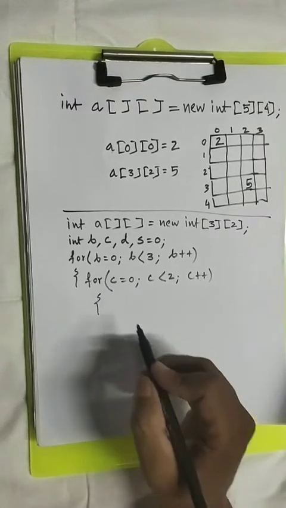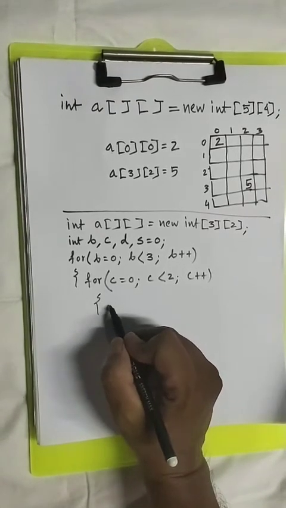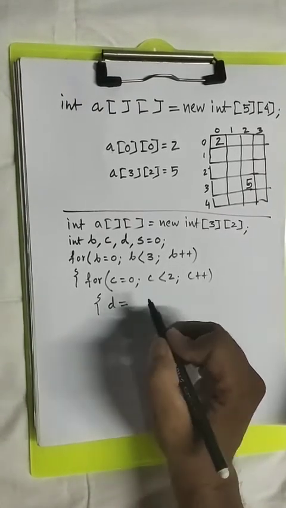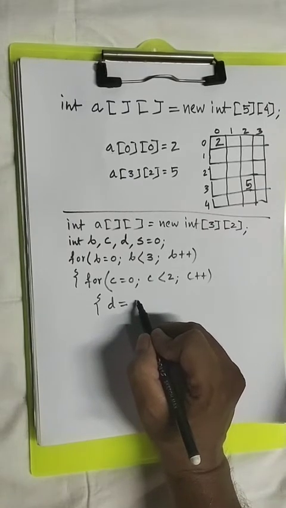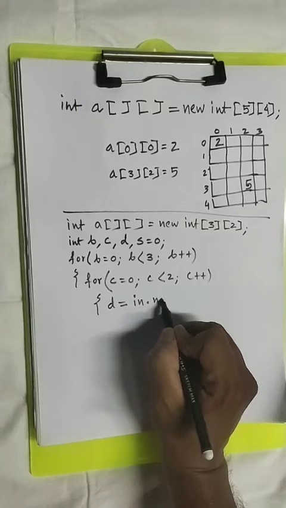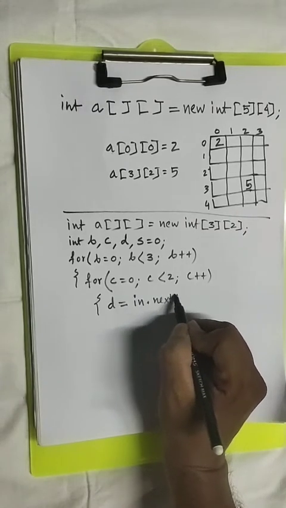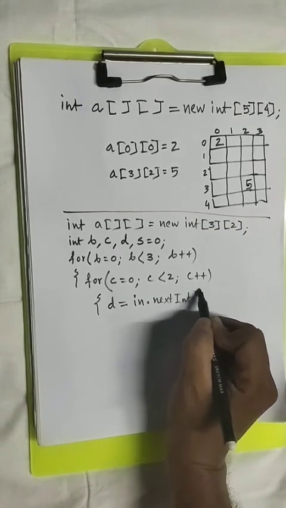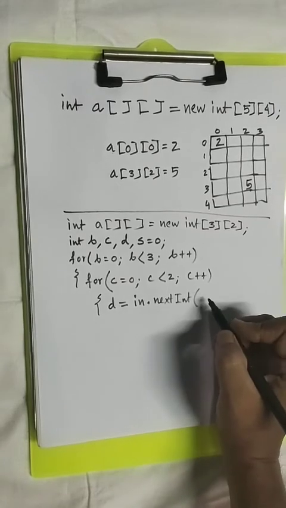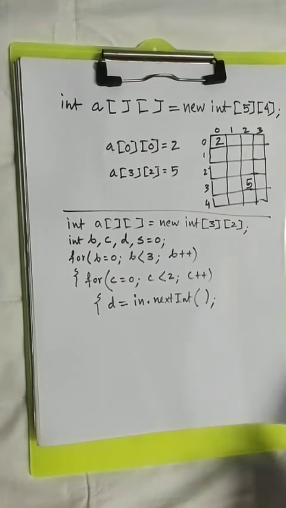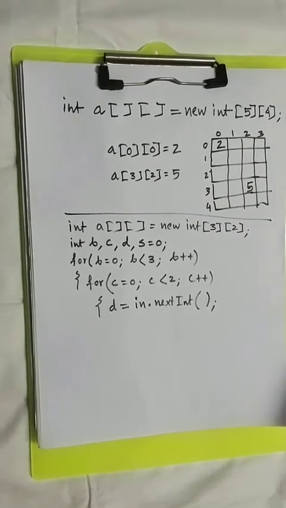Then I'll take one number as input, d equal to in dot next int. So one number will be taken input in d variable.